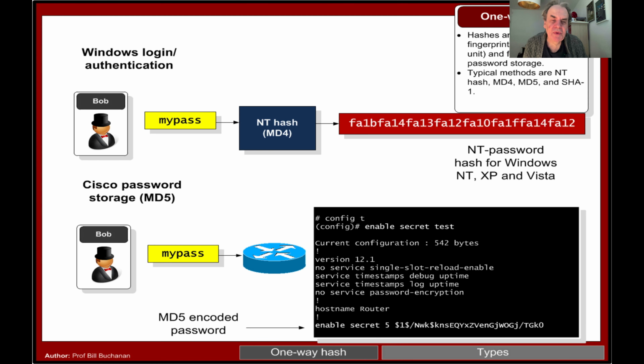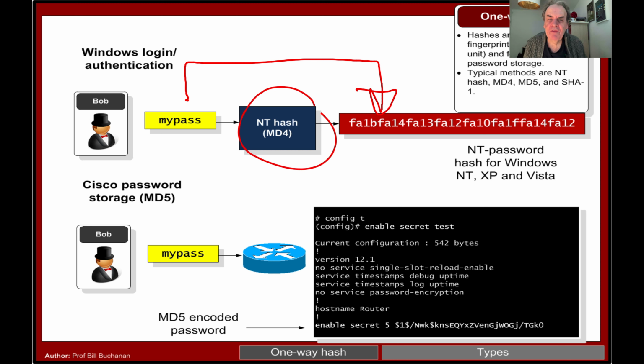Okay, so here's an example of when we use hashing: storing passwords. Windows at one time used the MD4 hash, which was before MD5, where we take our value and then hash it. We also see it within Cisco configuration.